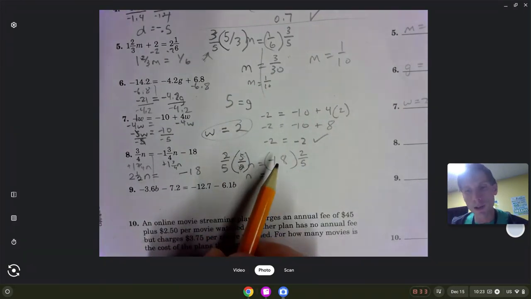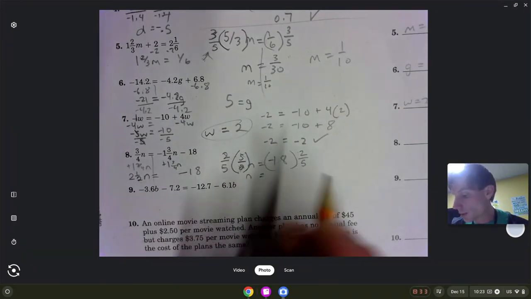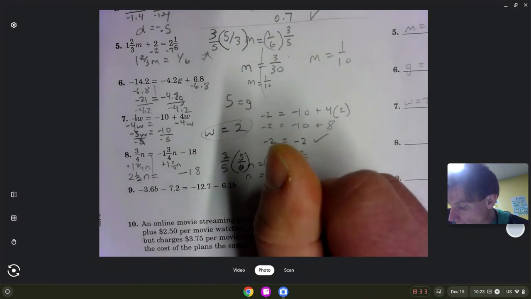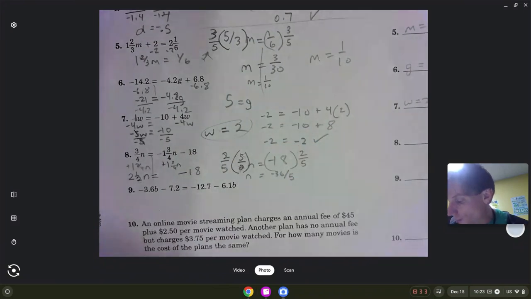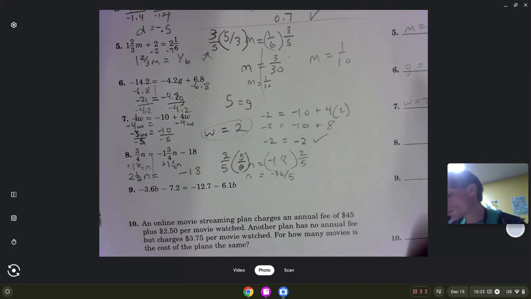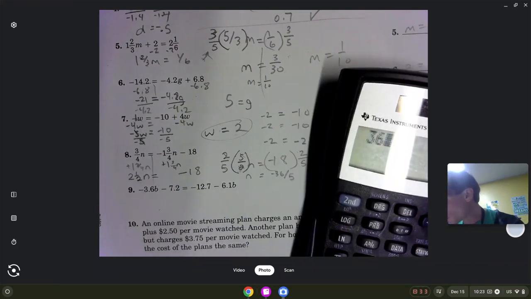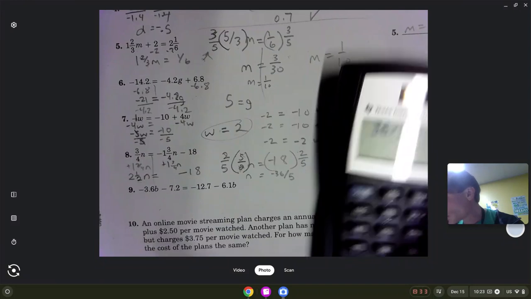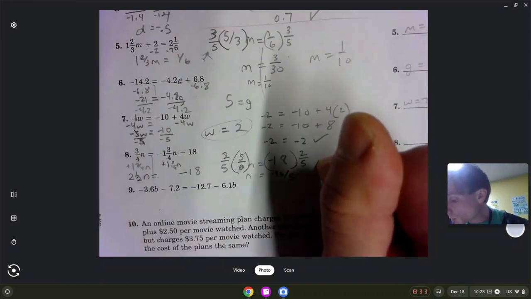And if you're doing this, easiest thing to do, -18 times 2 is -36. -36/5. Okay. If you put it as an improper fraction, that would be fine. If you converted that to a decimal and you just did 36/5, you'd get 7.2.